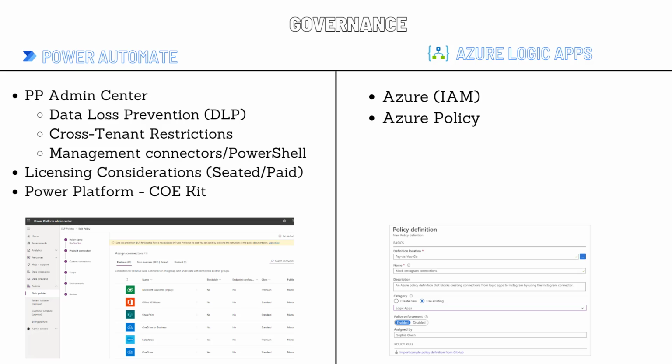Then another really cool feature as well is that, obviously we've got an admin center. Behind this admin center is a series of APIs that are used in order to impose these different governance settings. And Power Platform's done something pretty cool where they go ahead and basically expose management connectors. So the Power Platform Admin connector, and there's a Power Apps Admin, and I think a Power Automate Admin connector still as well, that allows you to perform any of these actions, but to be able to automate it.